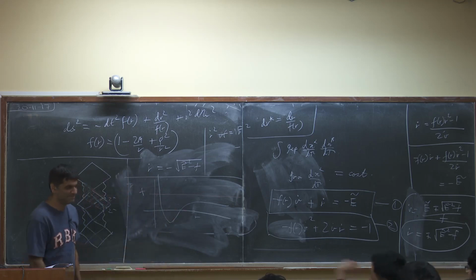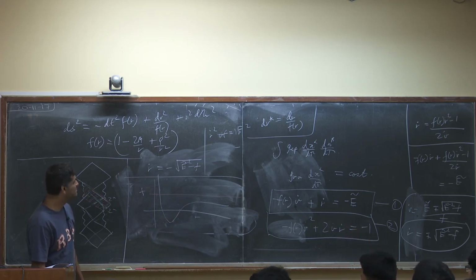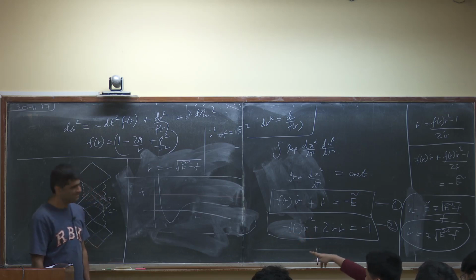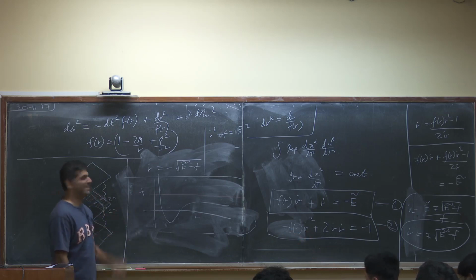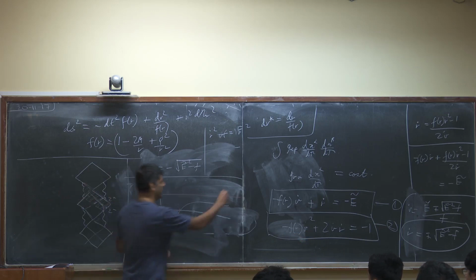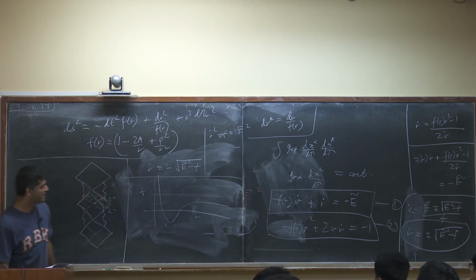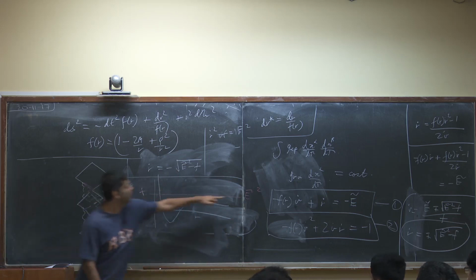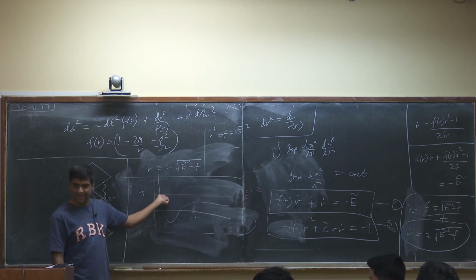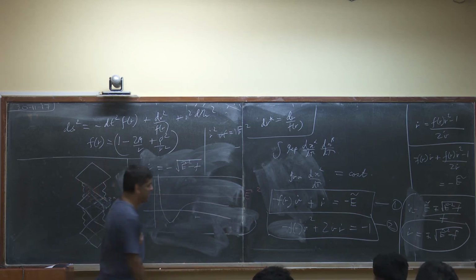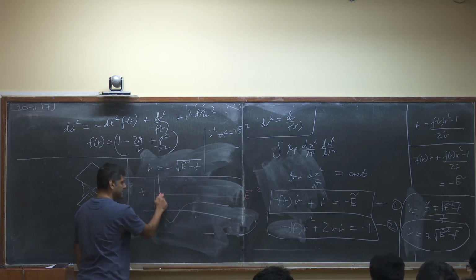It's like a Newtonian potential problem, where the turning point is the intersection. So let's plot here e tilde squared. When this point crosses this line, the particle stops. The velocity is 0.